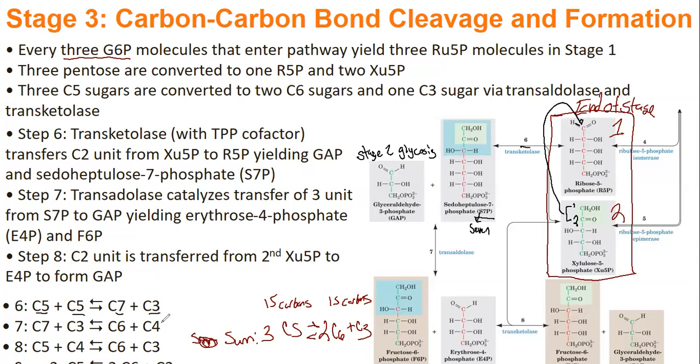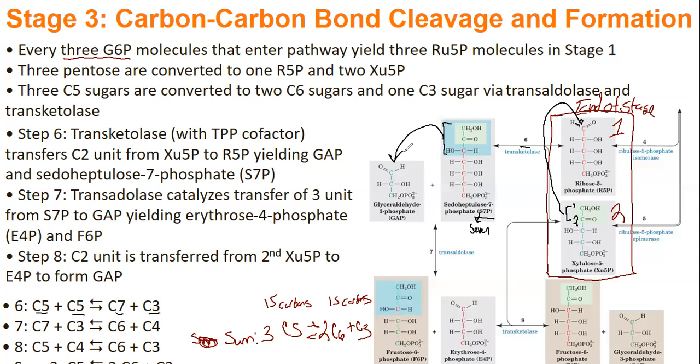right? Then we're going to step 7, which is a transaldolase. So what we're doing there is we're going to take the top 3 carbons from our sedoheptulose, and we're going to attach them to the top of GAP.